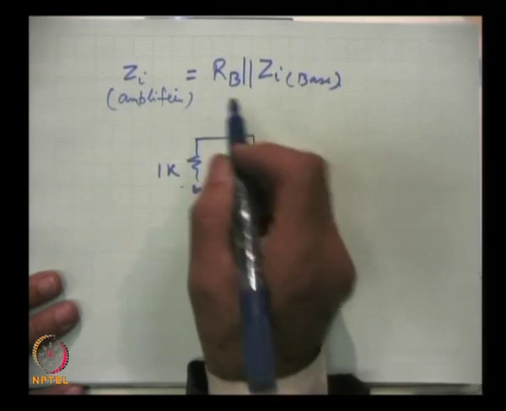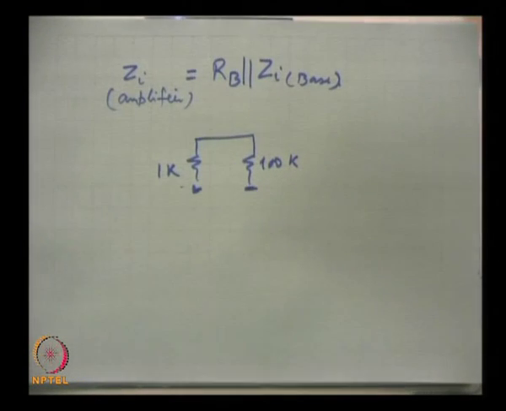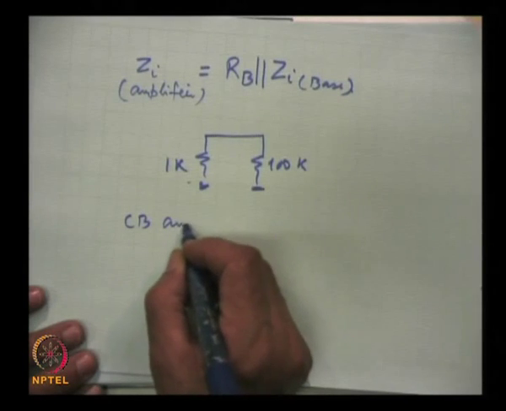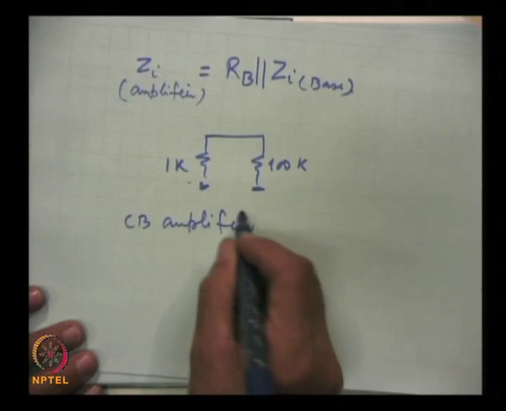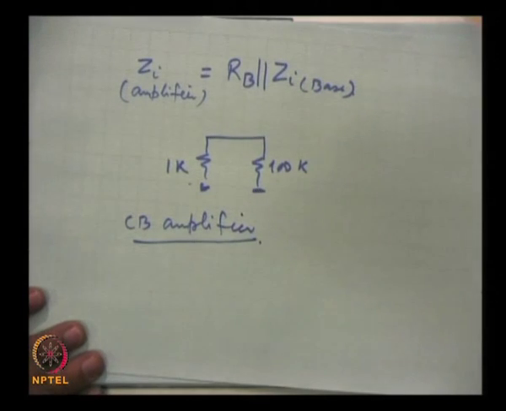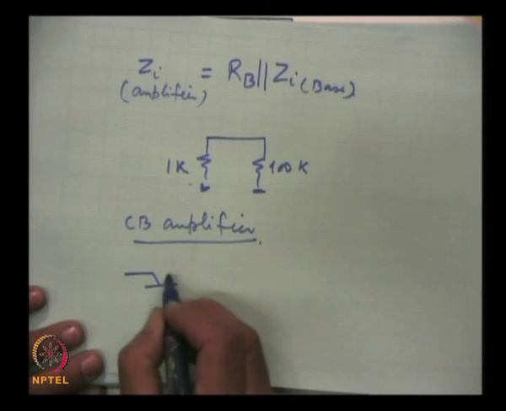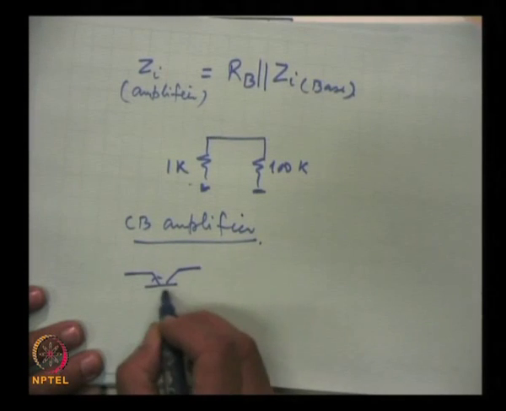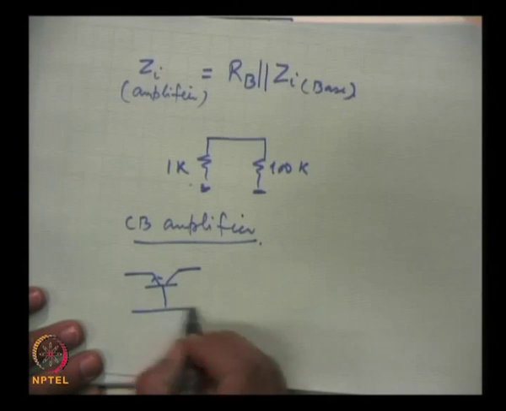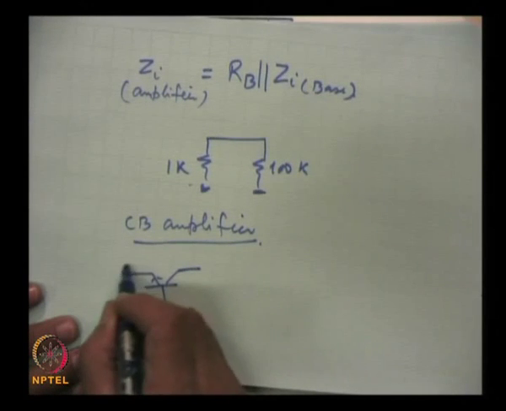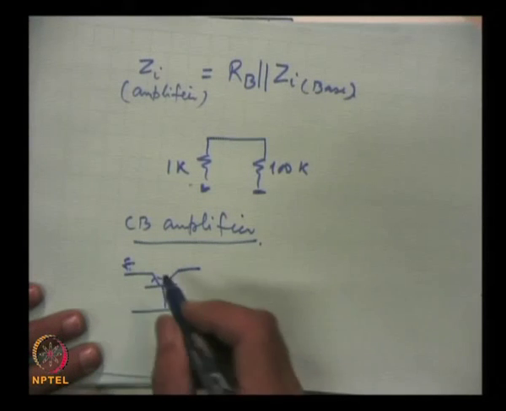Here one more point needs discussion. This is a very finer point, and I think you must learn that also. In the common base amplifier, the input impedance here is very small.